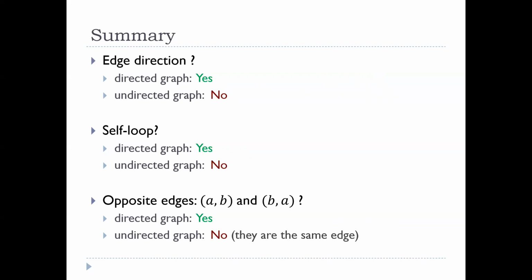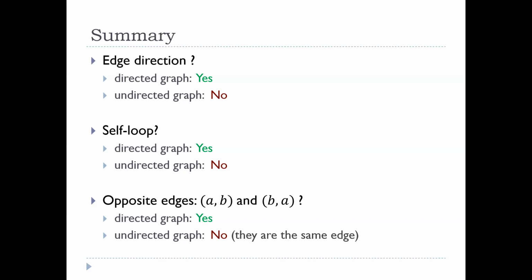Here's the summary of what we said. A graph is a very simple type of data. We're basically given a bunch of nodes and also edges, which are pairs of nodes, to show some potential relation between them. We talked about both directed and undirected graphs. In a directed graph, the edges have direction, while an undirected graph doesn't have direction. Typically in a directed graph, we allow self loops, but usually not in an undirected one.